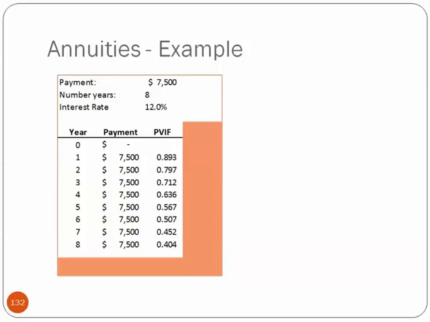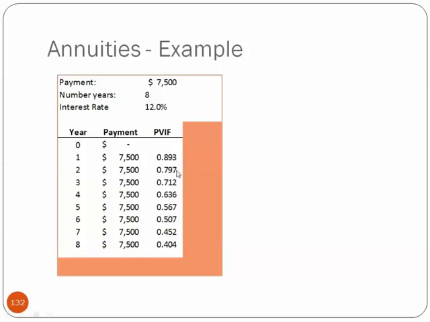Now, the next term is the present value interest factor. And this one is going to change. So what is this? Again, this 0.893 is going to be 1 divided by 1 plus the interest rate to the first. So in this case, it's 1 divided by 1.12 raised to the first. And that's 0.893.